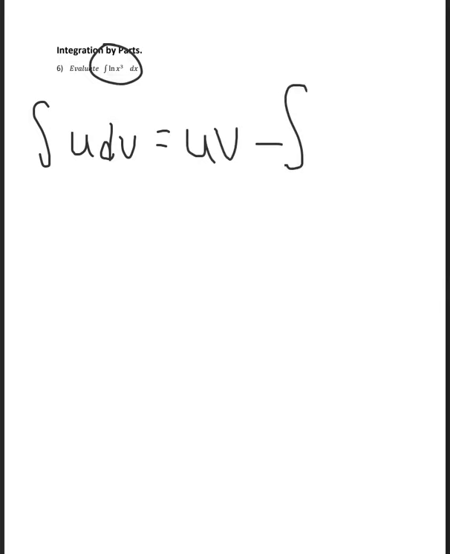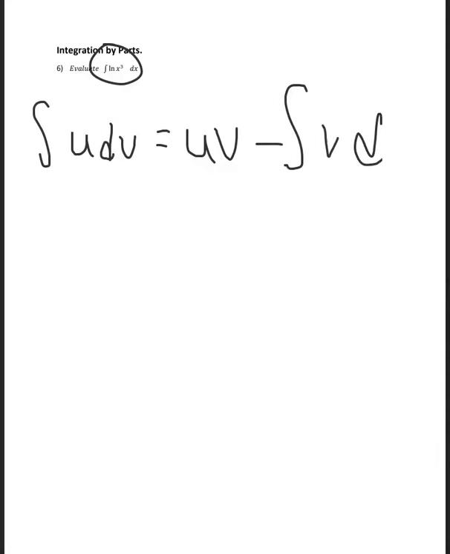With this, the formula is the integral of u dv is equal to u times v minus the integral of v du.